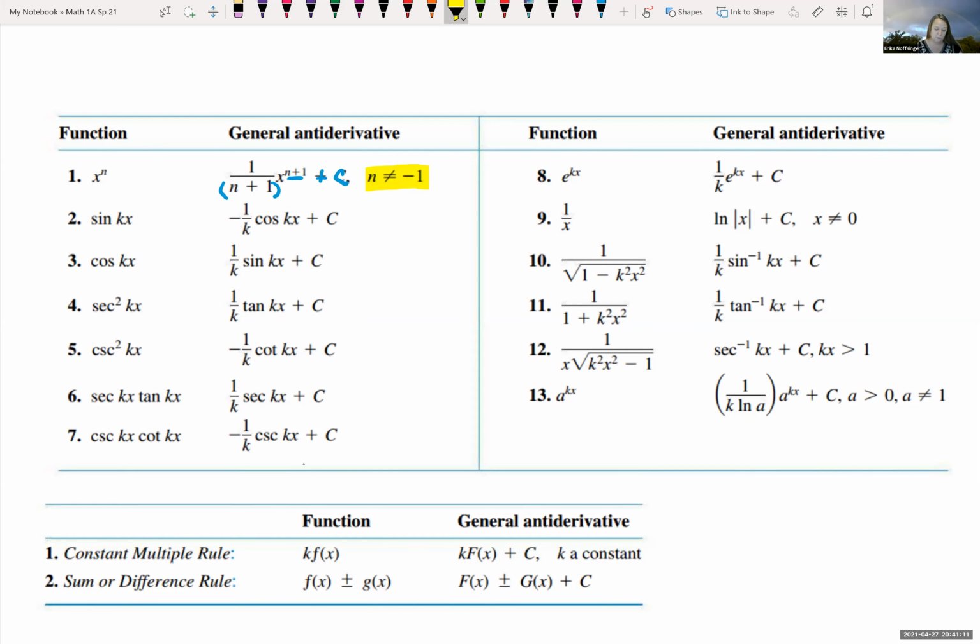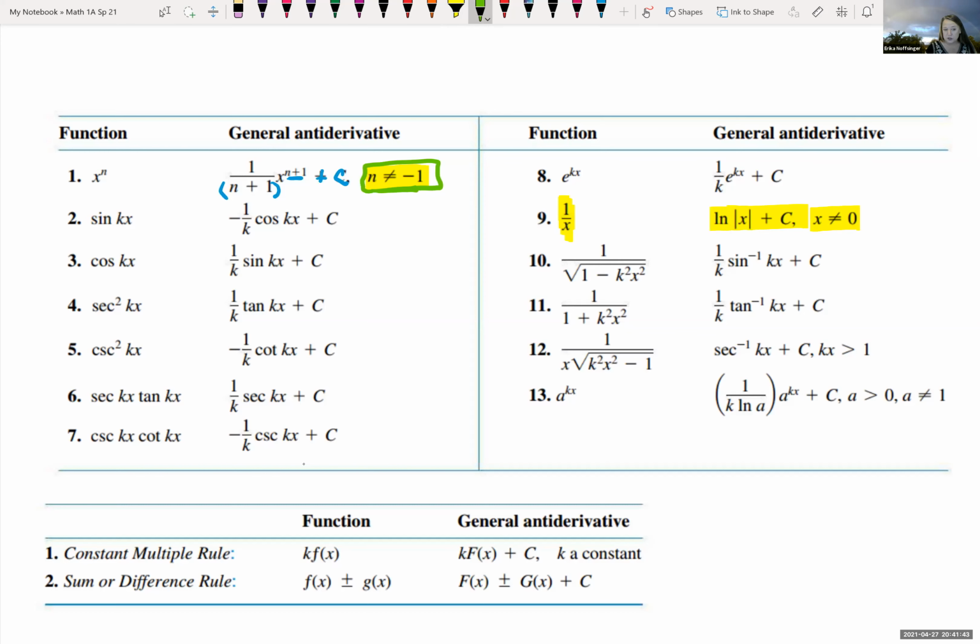If n is -1, we get back 1 over x, right? If I have x to the -1 power, that's the same thing as 1 over x. So what we take the derivative of to get 1 over x is the natural log of x plus a constant. X can't be 0 because it's undefined there. So that's why we have the stipulation in here that n can't be -1.